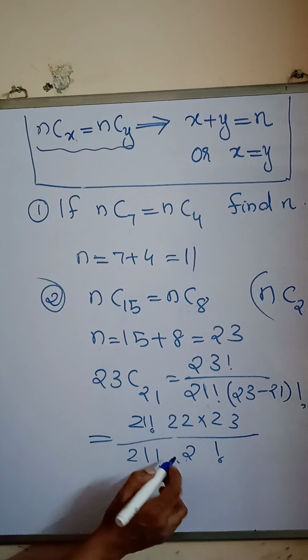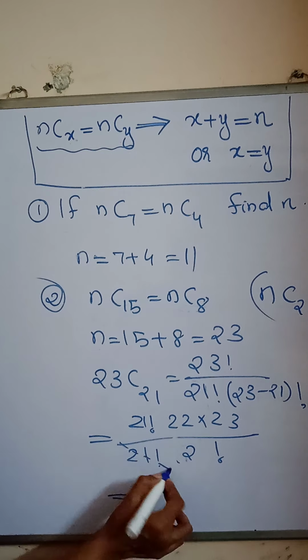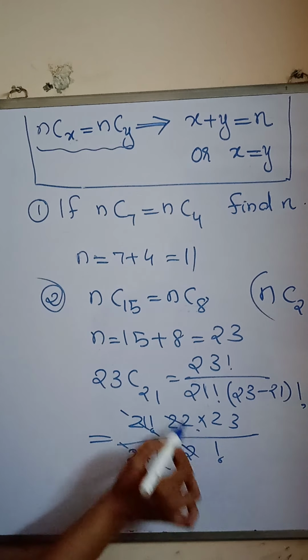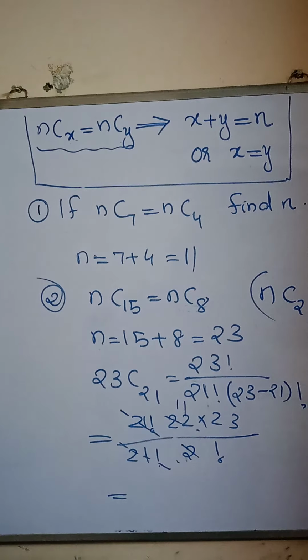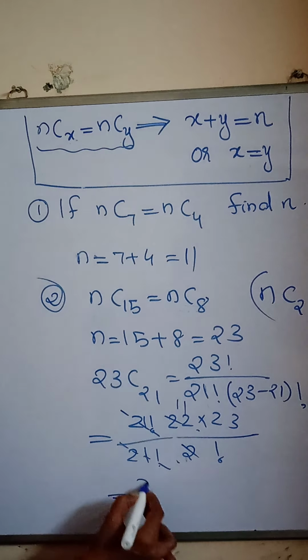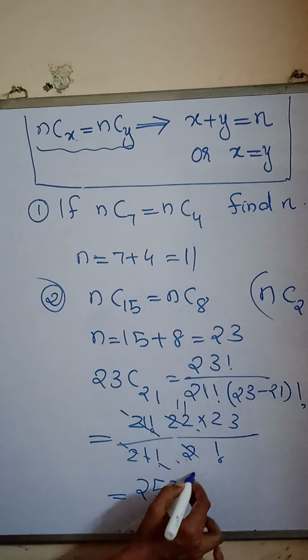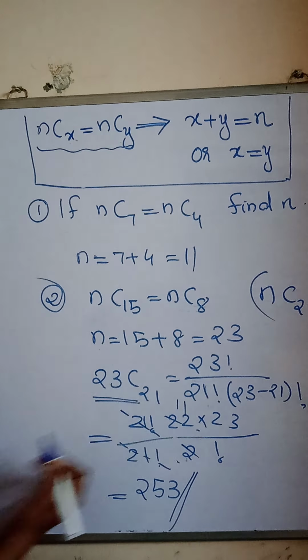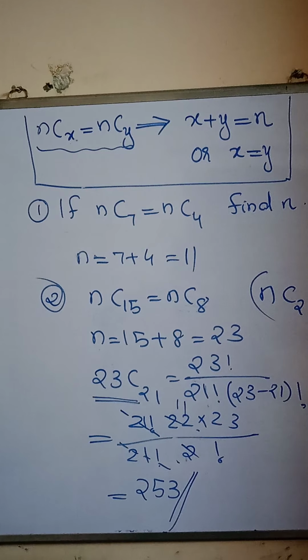The 21 factorial cancels. 2 into 11 equals 22, so 23 into 11 is 253. So the answer is 253. That is, 23C21 is 253.